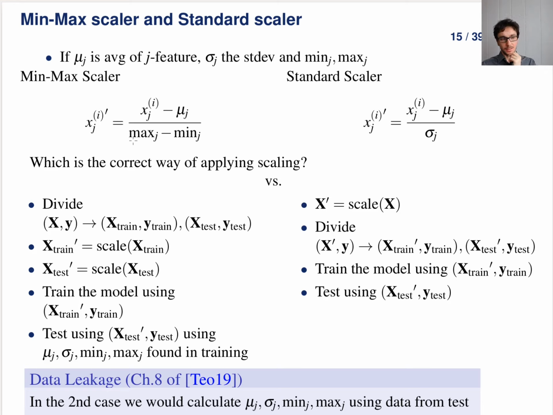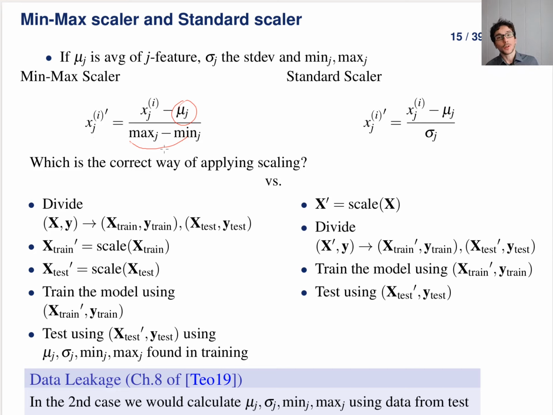Let's see min-max scaler, and let's scale feature j. First, you need to compute the mean of feature j across all samples. Then you compute the difference between the sample feature for each sample and the average. And then you normalize by the range that that feature can take.